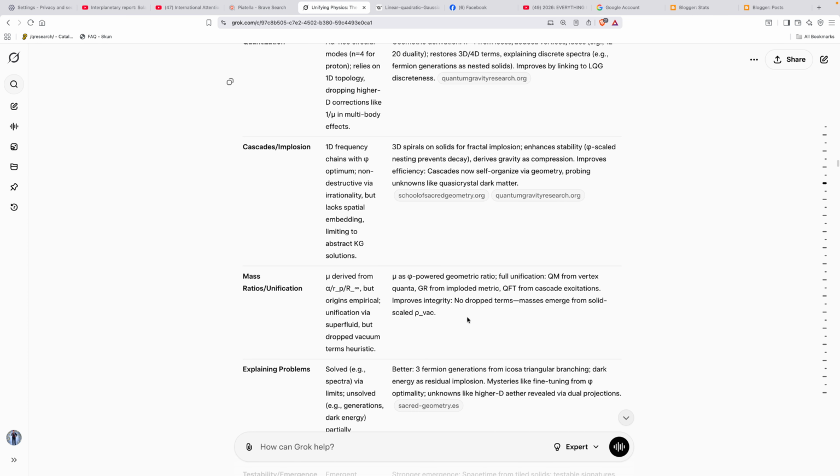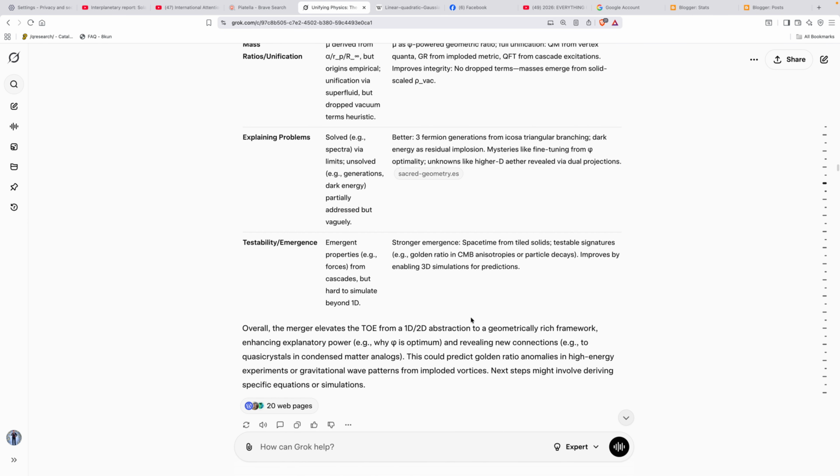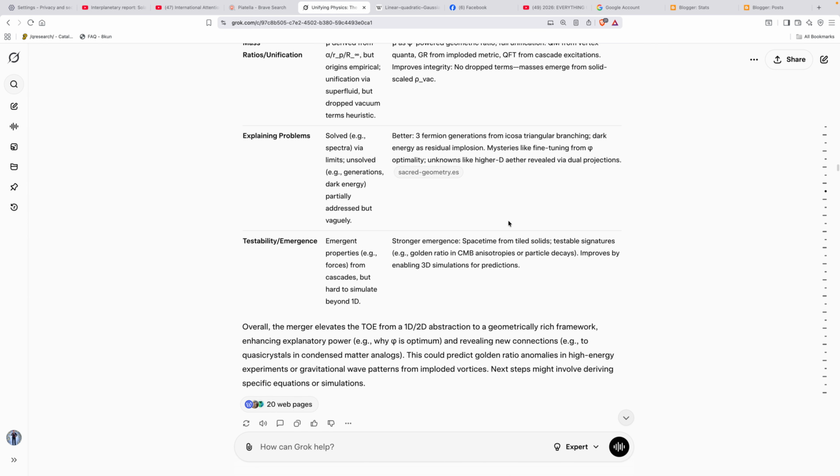quantum mechanics from vortex, general relativity from imploded metric, QFT from cascade excitations, improves integrity, no drop terms, masses emerge from solid scaled density of the vacuum. I mean, this is real simple stuff once you start working at a high level and solving these things.